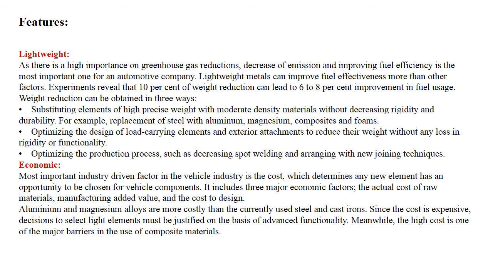Since the cost is expensive, decisions to select light elements must be justified on the basis of advanced functionality. Meanwhile, the high cost is one of the major barriers in the use of composite materials. So these are the important features that we also have to look into during the building of the vehicle body.